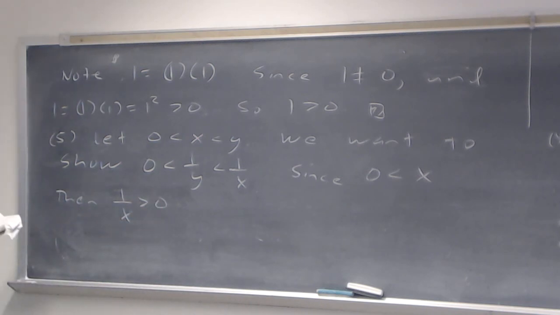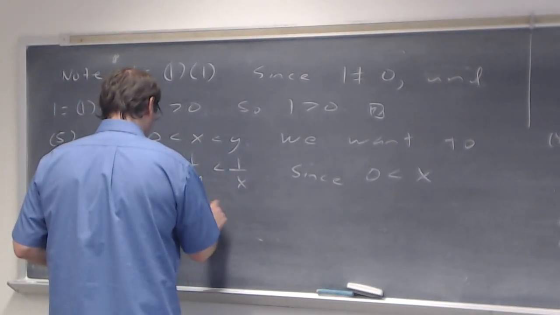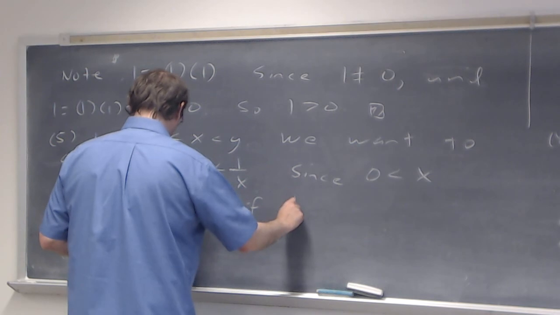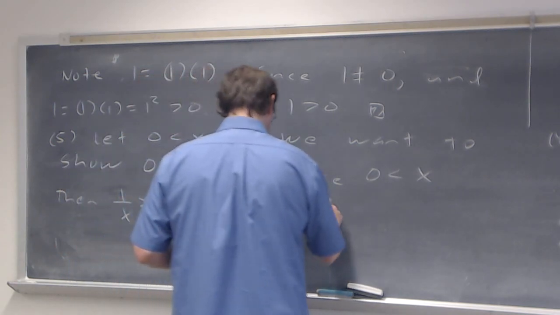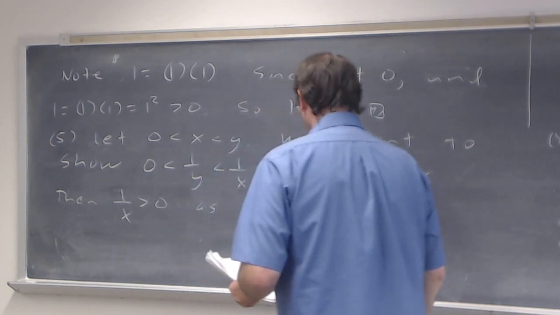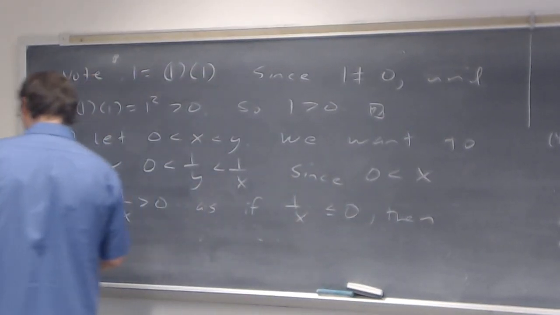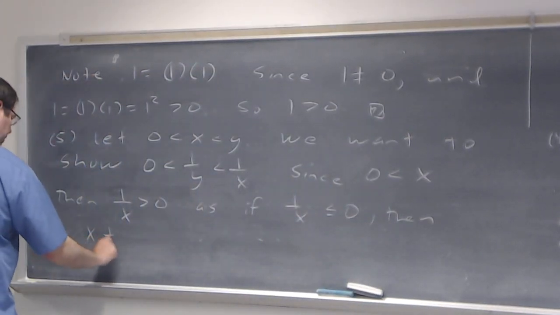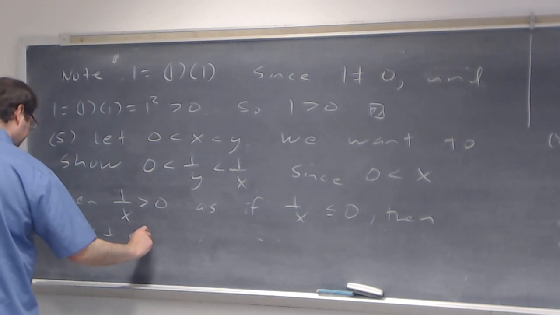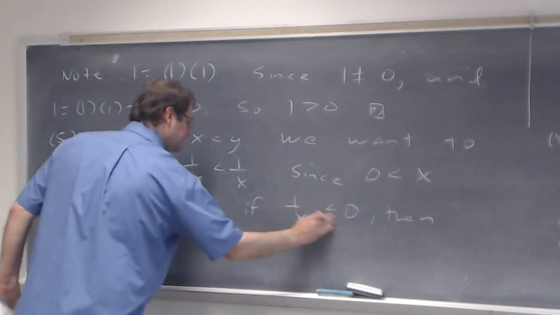And the reason is that if 1 over x was, let's say, less than 0 to start off with, okay?